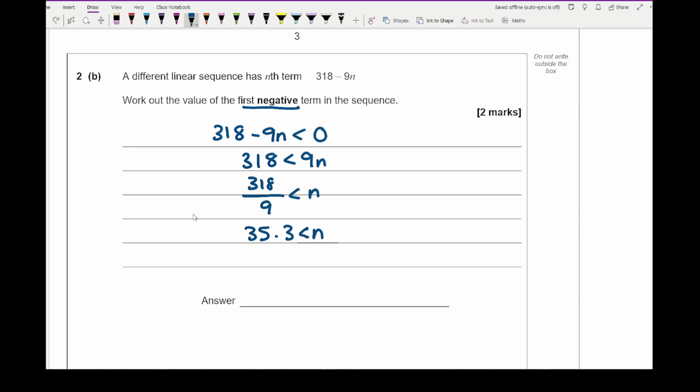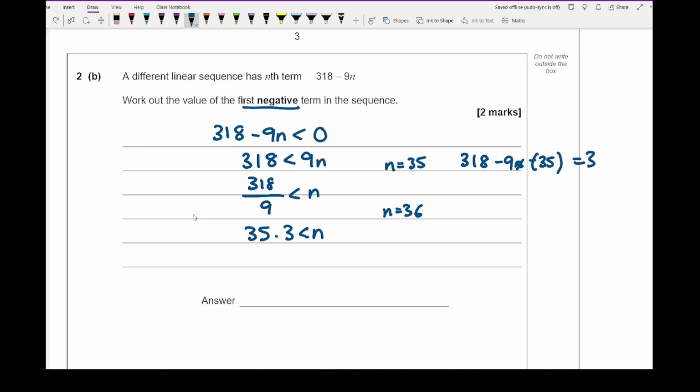And so for this, what we then need to do is basically see whether we're going to use n equals 35 or n equals 36. If I substitute n equals 35, I end up with 318 minus 9 times 35, and if I type that into my calculator, I end up with an answer of 3.